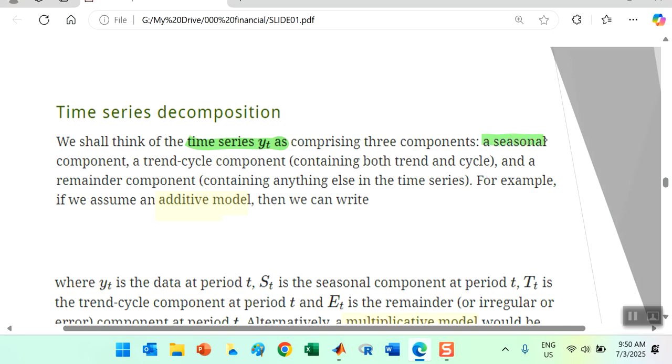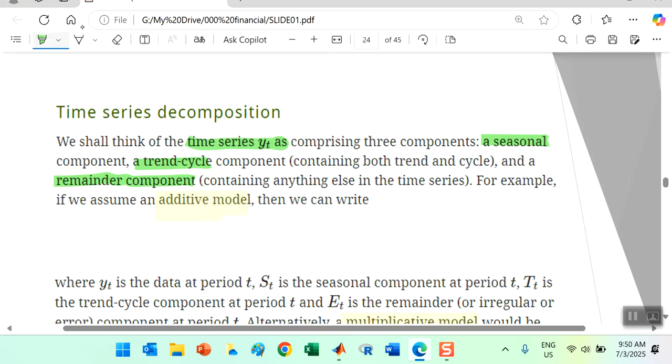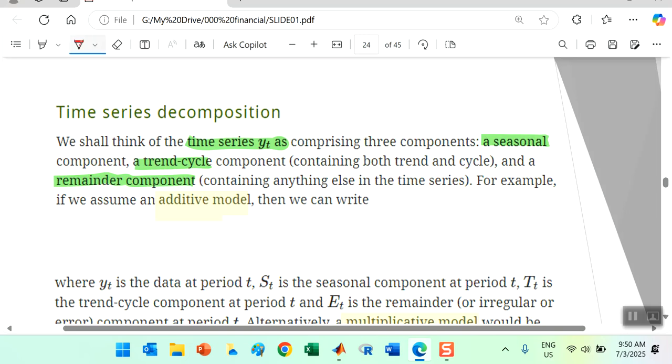Normally we can have three components: seasonality, trend, and the remaining item, the so-called error terms, or the remaining components. In this case, you can have an additive model by adding the sum of these components.